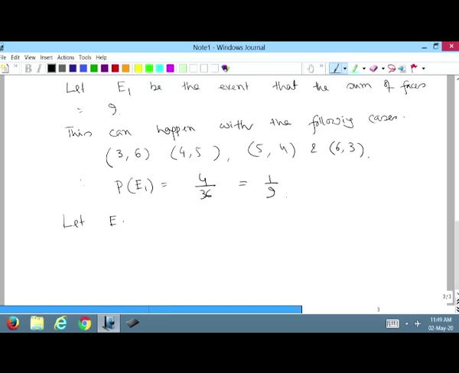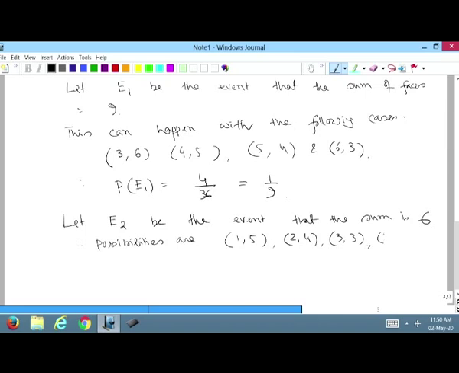Let E2 be the event that the sum is 6. Therefore, possibilities are 1, 5; 2, 4; 3, 3; 4, 2; and 5, 1.